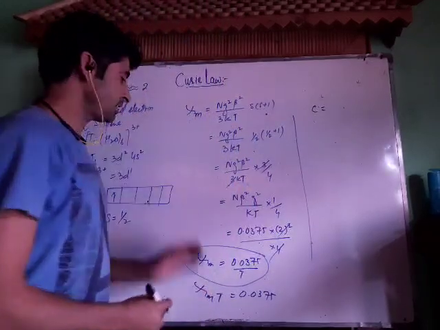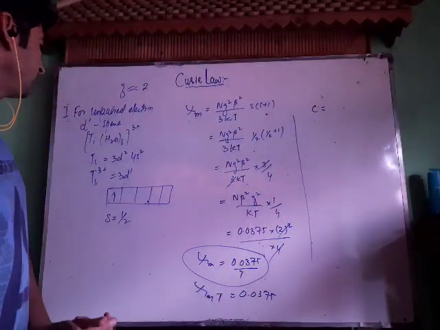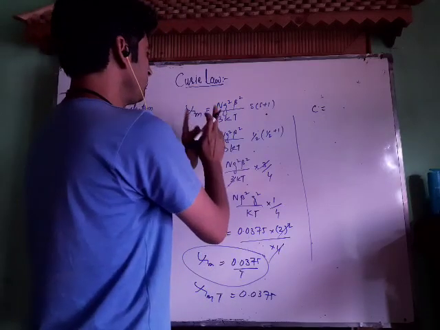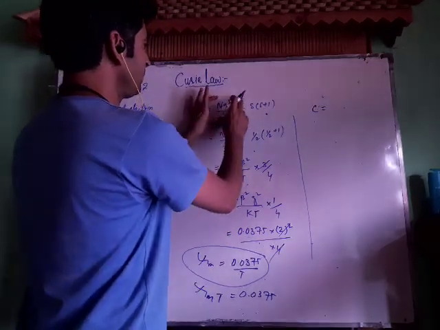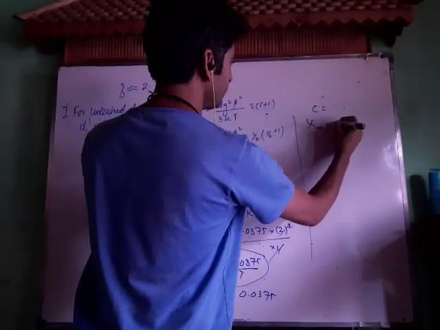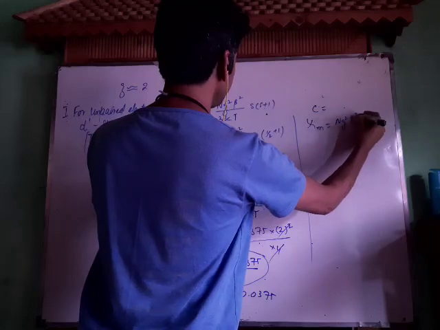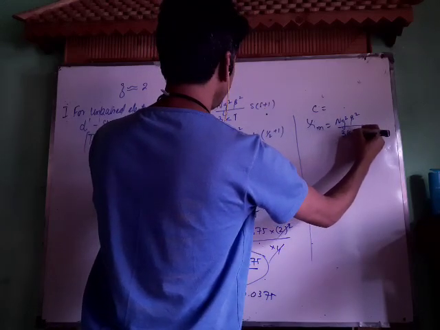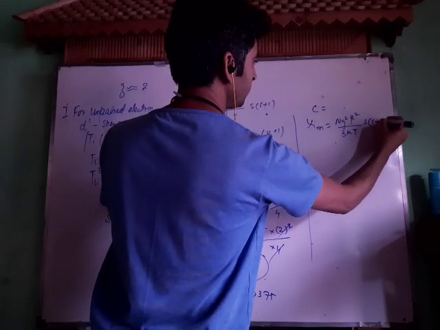Now we'll determine the Curie constant C for this d1 species. How can we determine it? Now see, we know that chi-m is equal to N g² β² divided by 3KT, S into S plus 1.